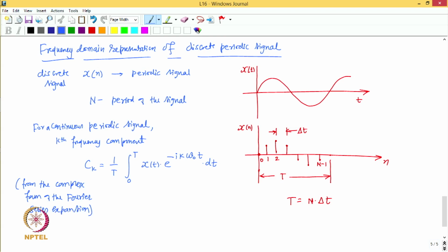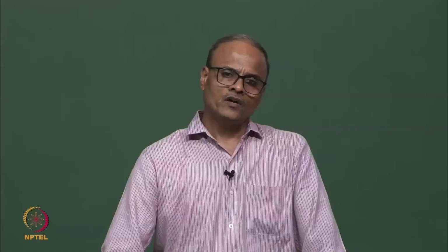And now, because the signal in the present case is discrete, we are going to incorporate modifications in various variables in this expression to account for the discrete nature of the signal.